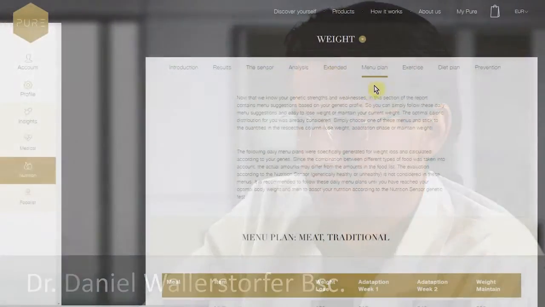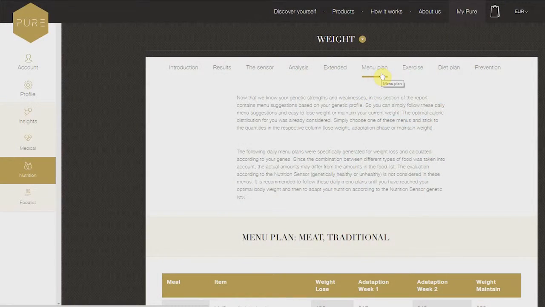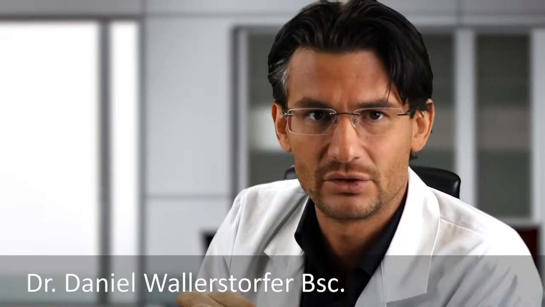And if you click on the menu plan section, this is probably the easiest way for you to follow these recommendations. We now know how many calories you should take in if you want to lose weight through the calorie reduction efficiency. And we also know how many carbohydrates, how much fat, and how much protein. And based on that, we created a personalized menu for you that you can now follow.